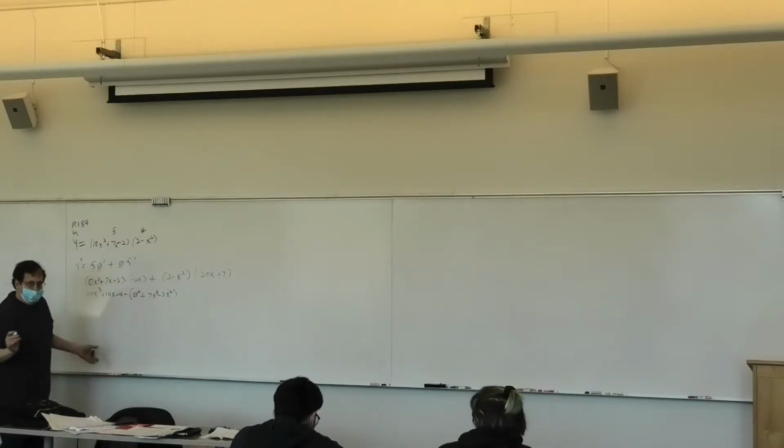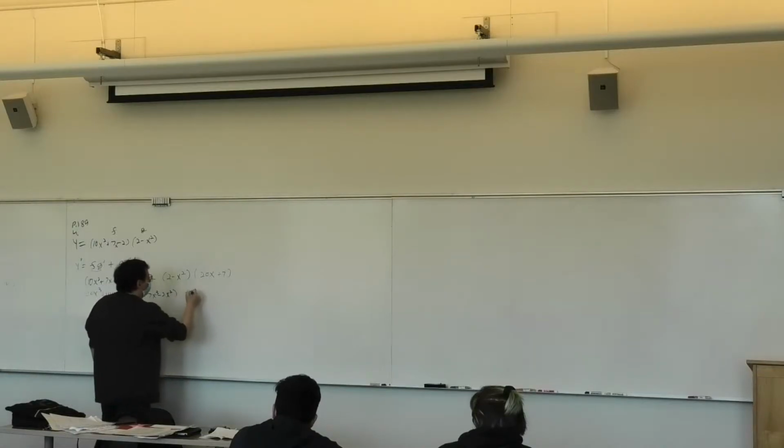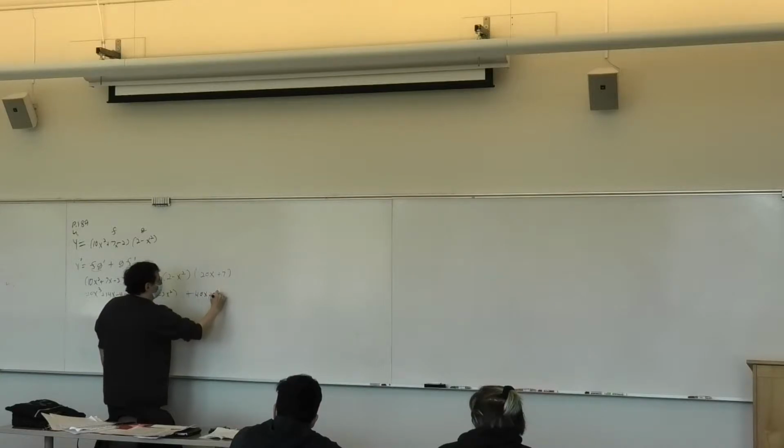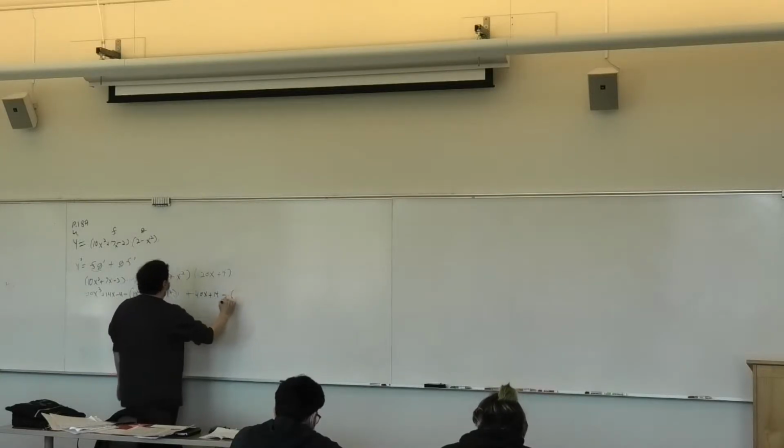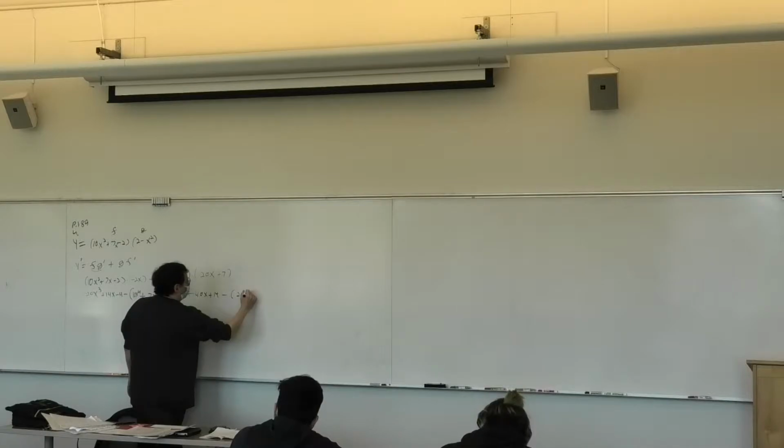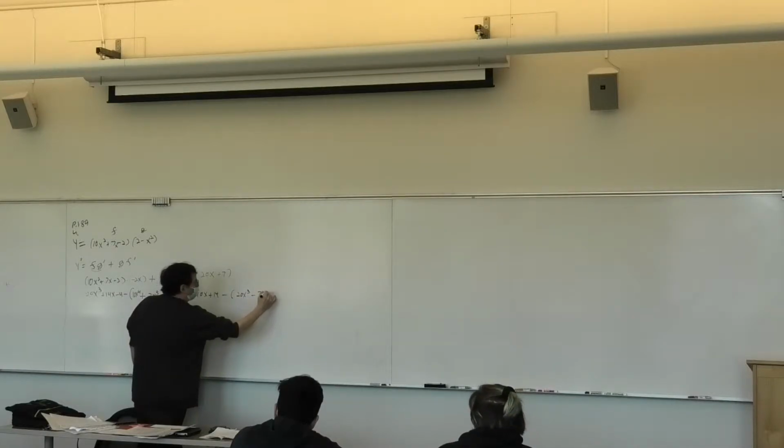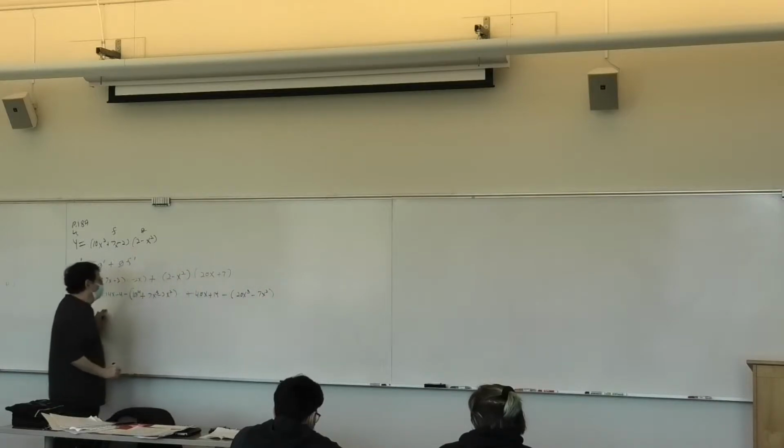Is that clear? You don't need to do this. And then we do the same thing here. So 40x plus 14 minus 20x cubed minus 7x squared. Okay, so now I just have a bunch of terms.